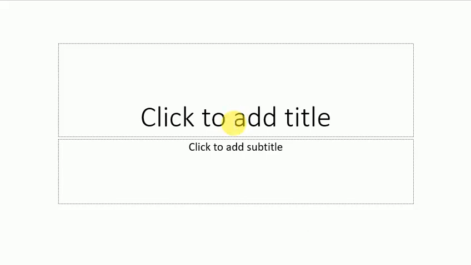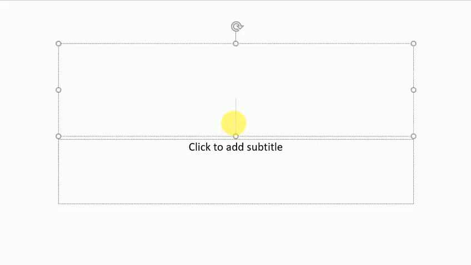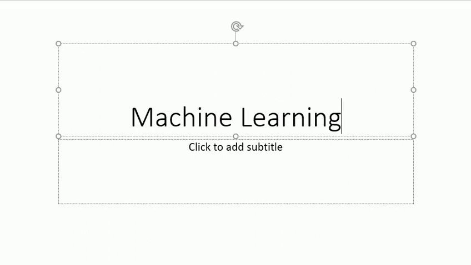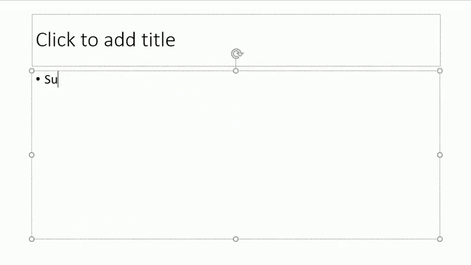So today we will discuss the three techniques of machine learning. And these are supervised, unsupervised, and semi-supervised.